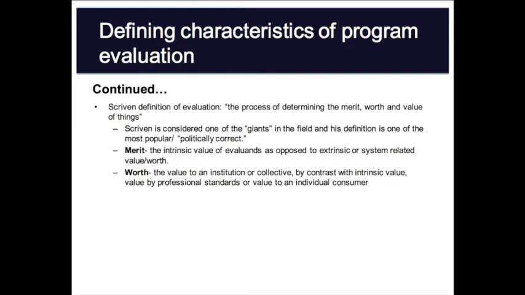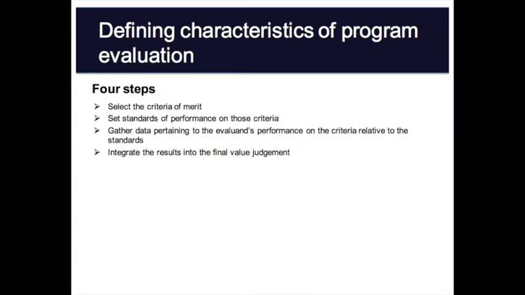So when he talks about determining the merit, he's talking about the intrinsic value of evaluands, or what's being evaluated, as opposed to the extrinsic or system-related value. Then on the other hand, when he talks about determining the worth, he is talking about the value to an institution or collective, by contrast with the intrinsic value, the value by professional standards, or to an individual consumer.